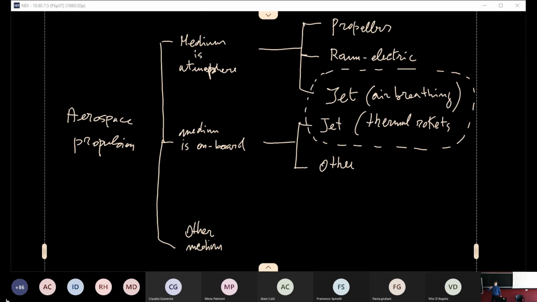Jet propulsion is based on the thermodynamic acceleration of a medium. And this means that in some way we are converting internal energy to kinetic energy of the jet. Other means other possible solutions. When medium is on board, these are what we refer to as rockets.